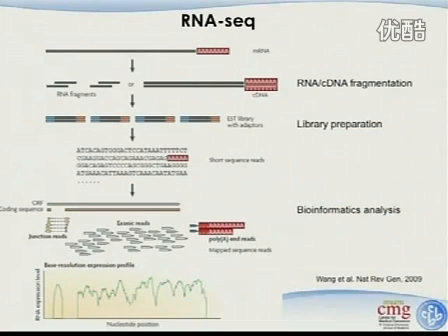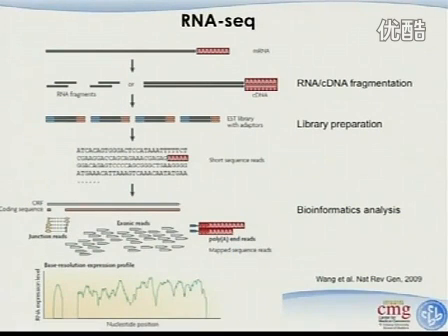After you get these signals, you can do bioinformatics analysis. The first thing is to align these reads back to the human genome, or whatever genome you are studying. Some of the reads are in the exon regions. You can see this is the exon, this is the exon, this is the intron.